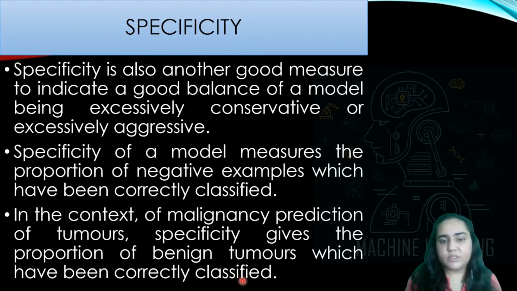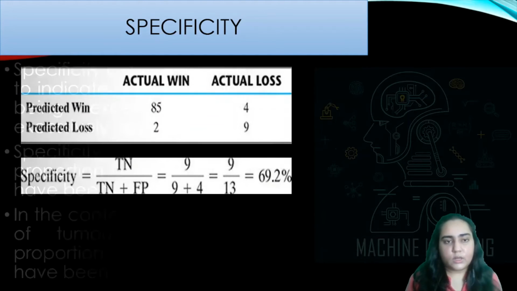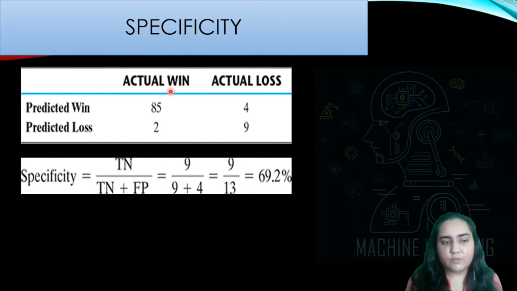So specificity will tell you whether if a tumor is classified as benign, is it actually benign? And sensitivity will tell you if the tumor was classified as malignant, is it actually malignant?